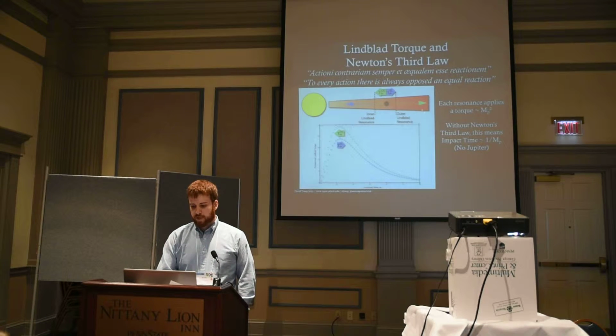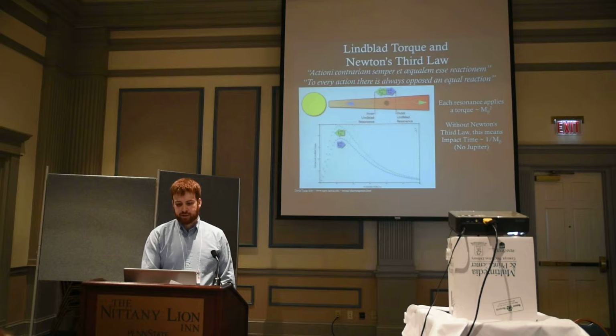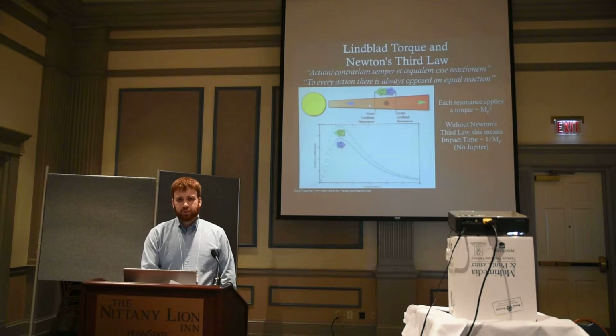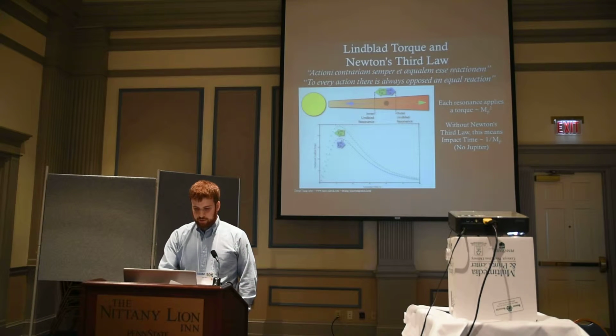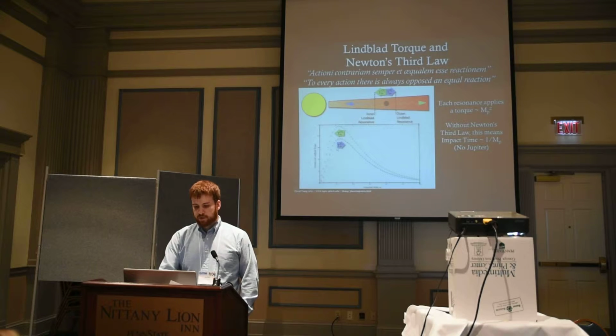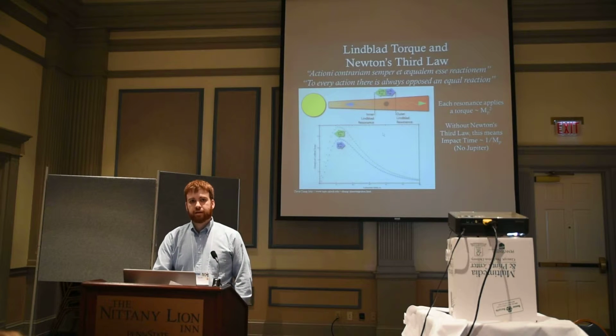I call these green resonances green for go, they make the planet go, and blue resonances blue for brakes because they make the planet stop. They're not blue for backwards because green tends to win. So either you're going forward, these are the per resonance torques here, or you're going forward slower, depending on the density distribution around these resonances.